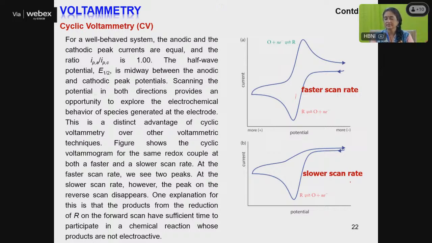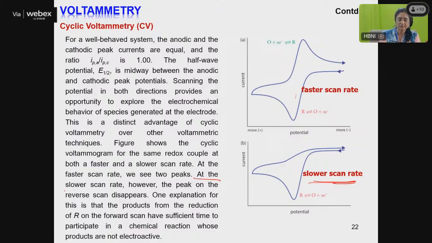However, at a slow scan rate, sometimes the back peak is not present, because the product may not be totally reversible. It can react with some other species forming something else, and therefore this peak will be totally absent, so you can know whether your reaction is reversible or irreversible.